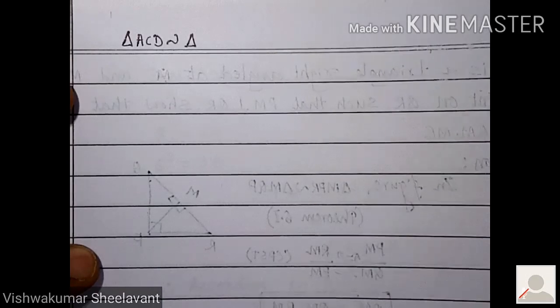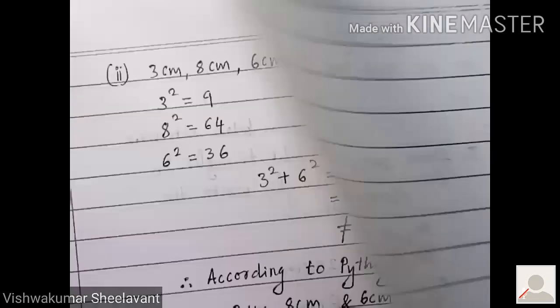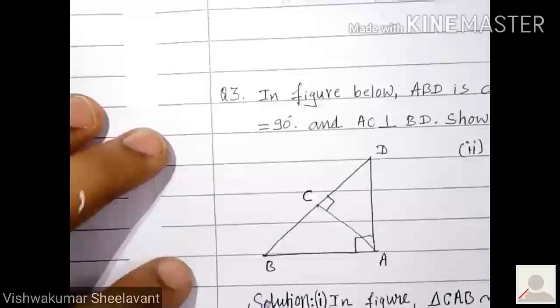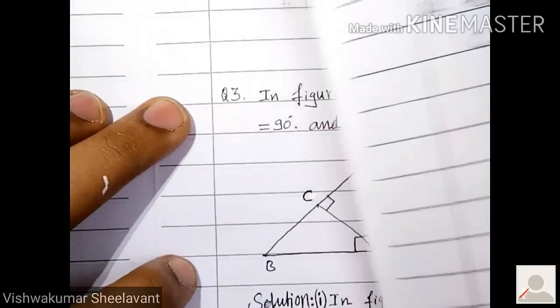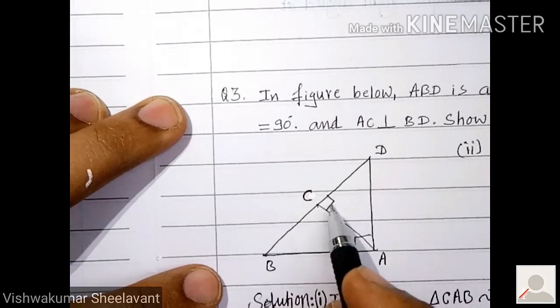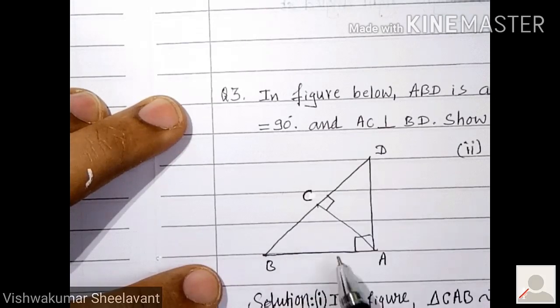You have to write correspondence very correctly. So just once again go through this figure. I have taken triangle as ACD, right? C is 90 degrees in triangle ACD and also in triangle ACB.